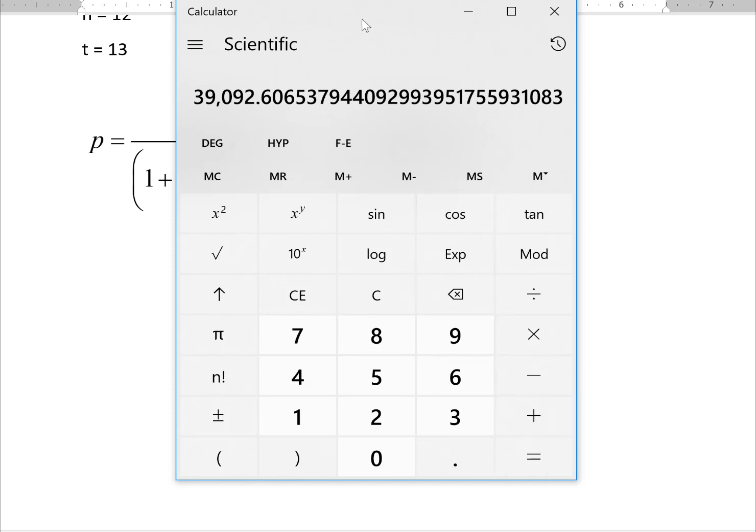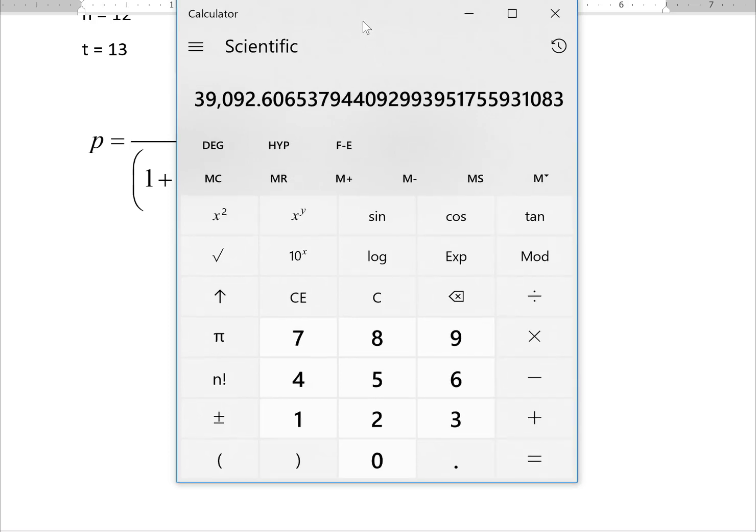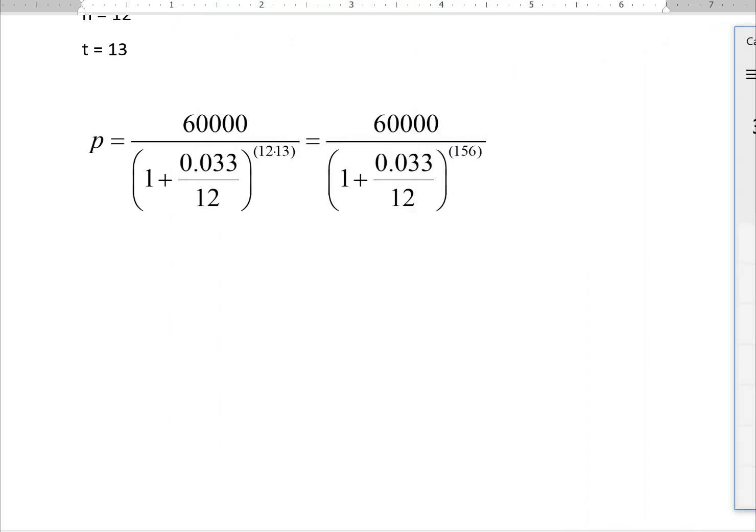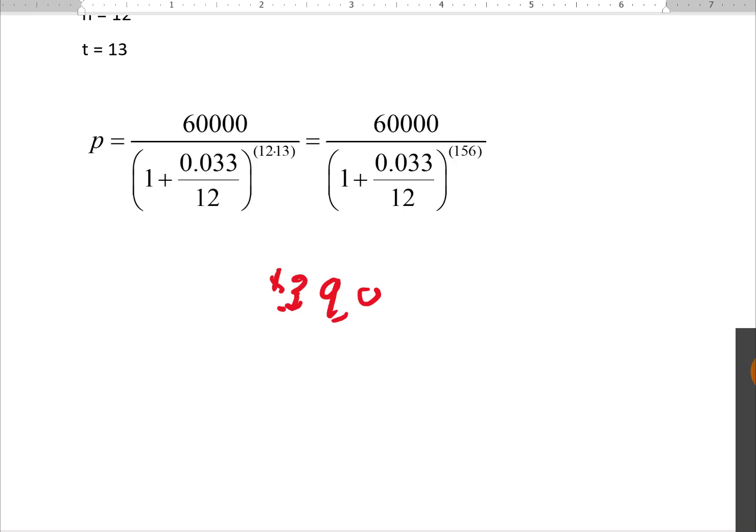There's the amount that we need to invest now in order to have $60,000 after 13 years. So we need to put in $39,092.61.